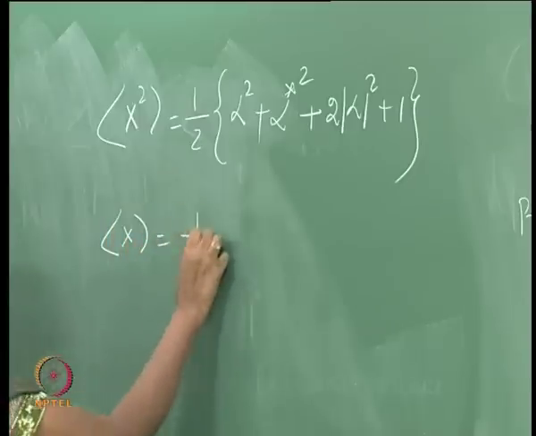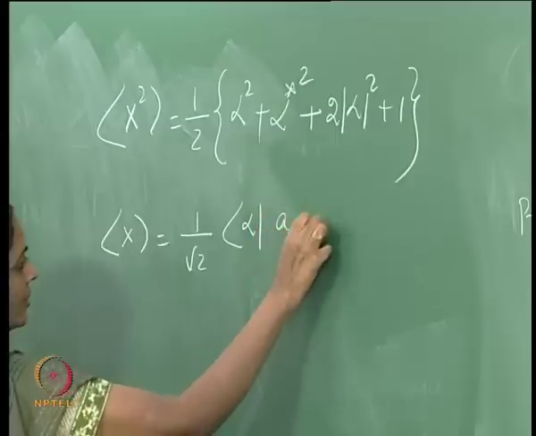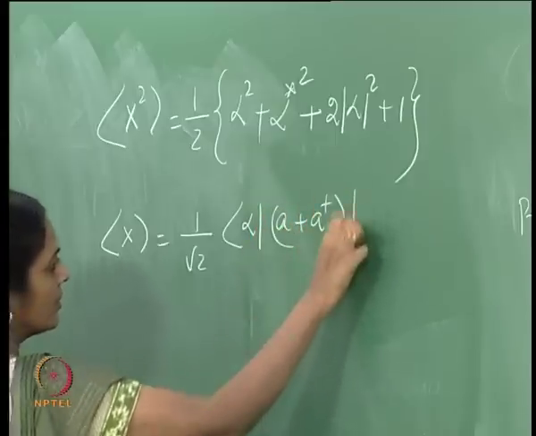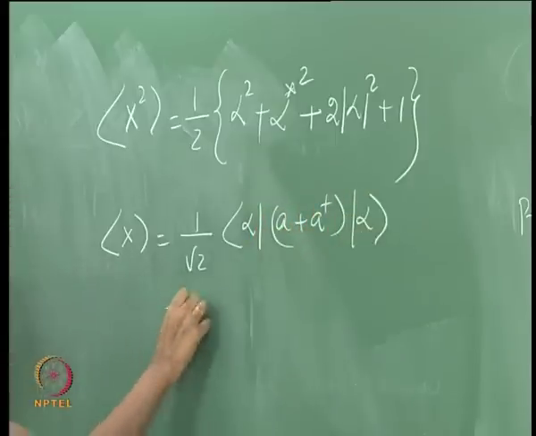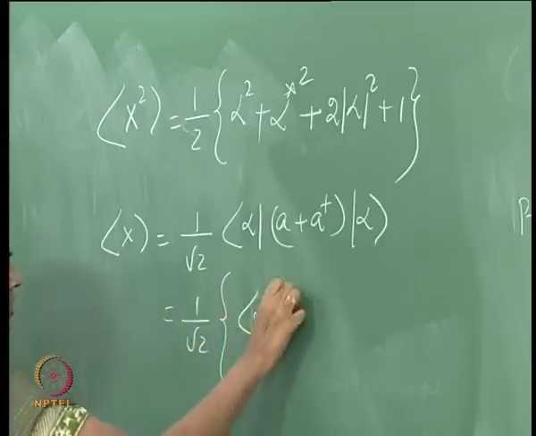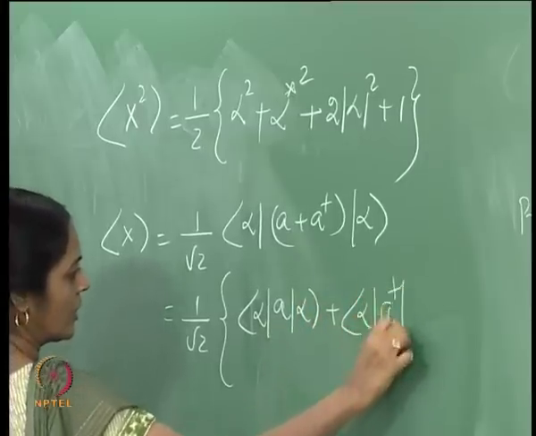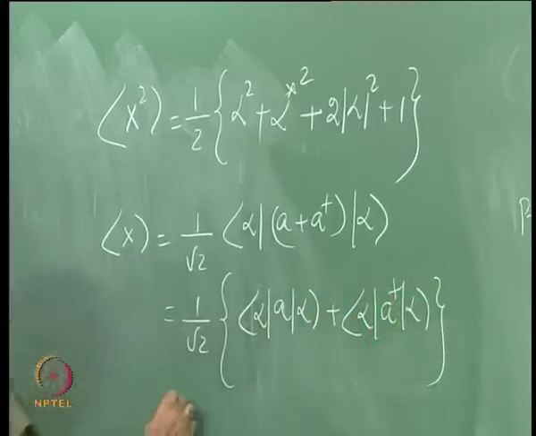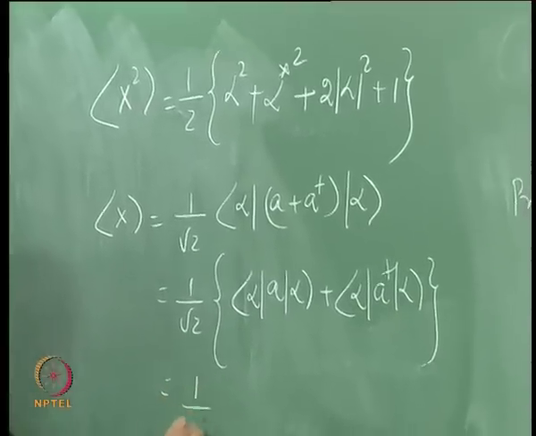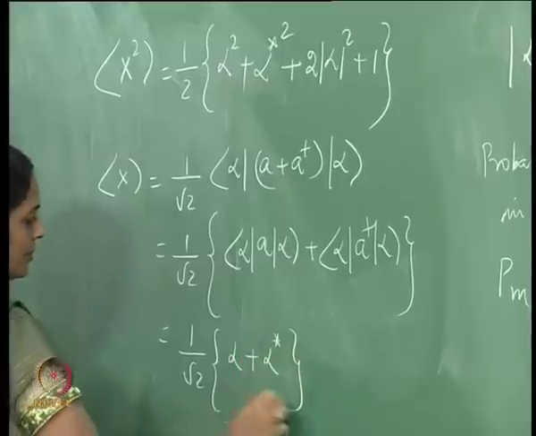Expectation x is simply 1 by root 2, alpha a plus a dagger alpha, which is 1 by root 2. The first term is the expectation value of a, the second term is the expectation value of a dagger. And this is clearly alpha plus alpha star.